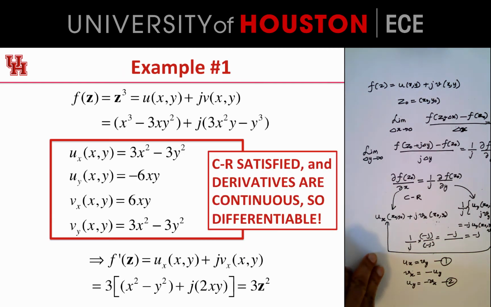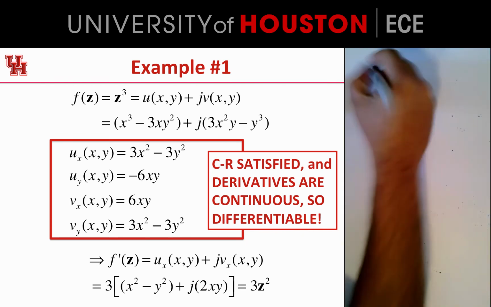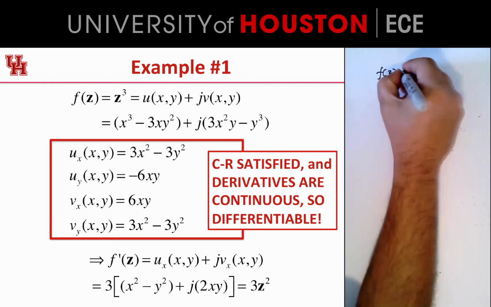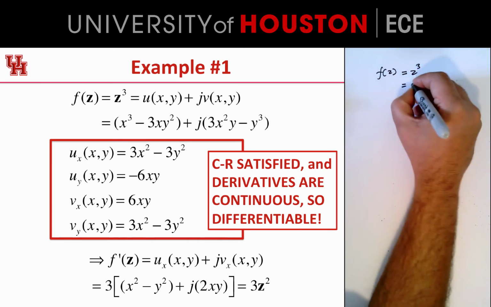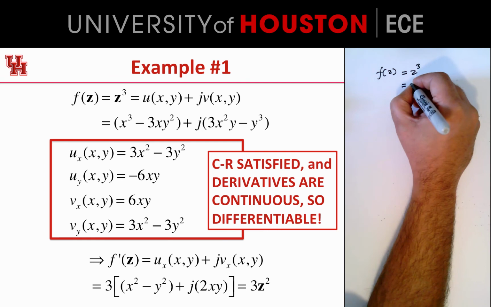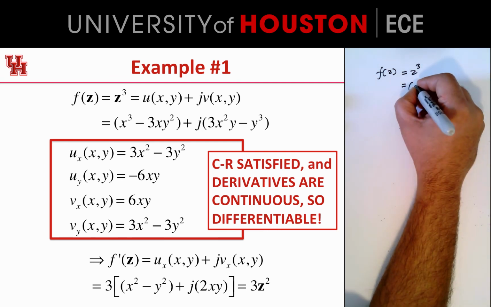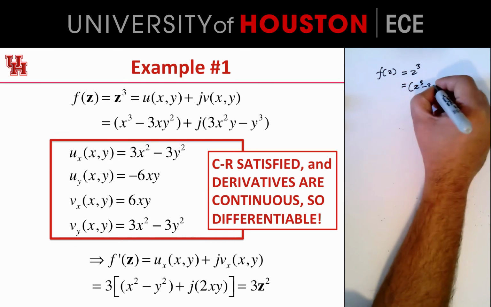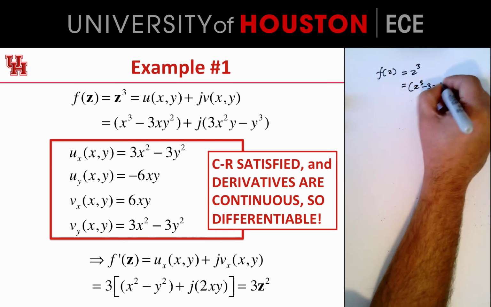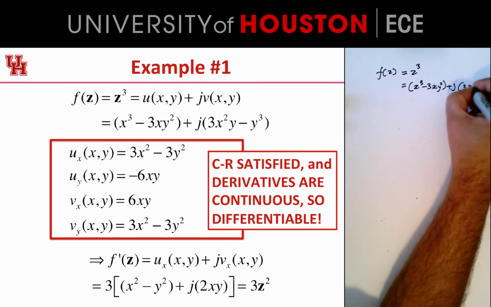Let's take an example. So I got an example here, which is f of z is, say, z cubed. If you expand it out and just sweat through the algebra, you'll find that this is x cubed minus 3xy squared, plus j times 3x squared y minus y cubed.